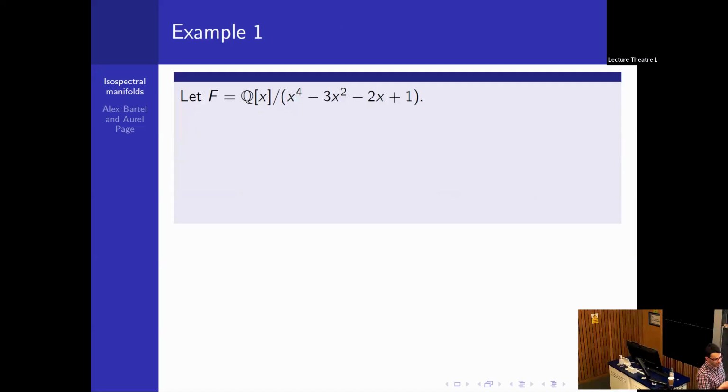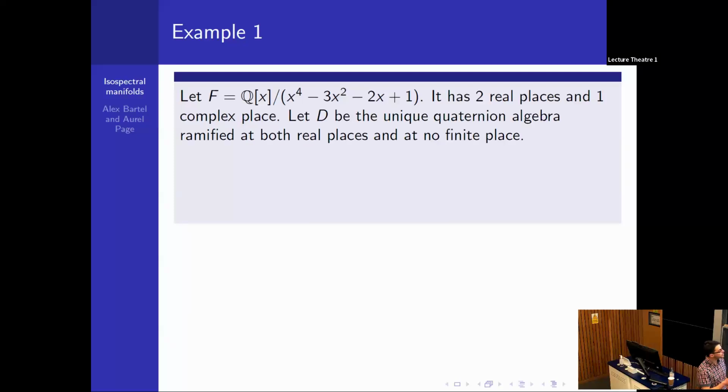Here is a quartic field. It has 2 real places, two embeddings into the reals, and 1 pair of complex conjugate embeddings. Take the unique quaternion algebra ramified exactly at the 2 real places, at no finite places. It's a very explicit thing.